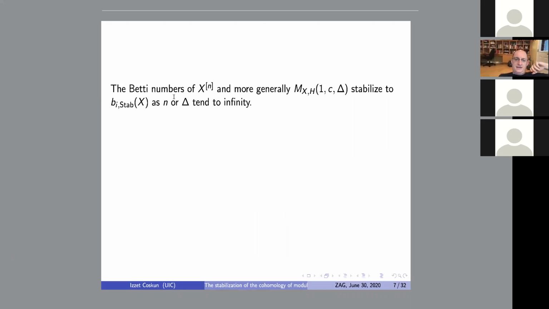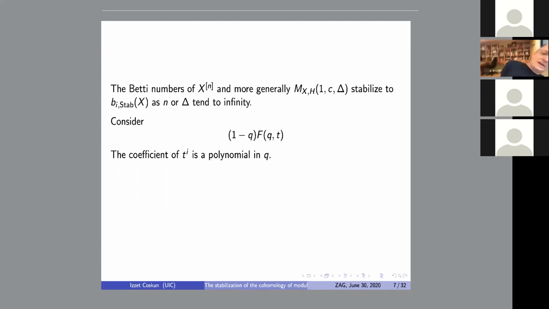Maybe briefly let me tell you, when you have such a crazy power series, how do you tell that the numbers stabilize? What you do is you multiply this thing by 1 minus q, and you look at the coefficient of t^i. If what you get is a polynomial, or more generally a Laurent polynomial in q, then that means that the Betti numbers are stabilizing, and that's an if and only if.